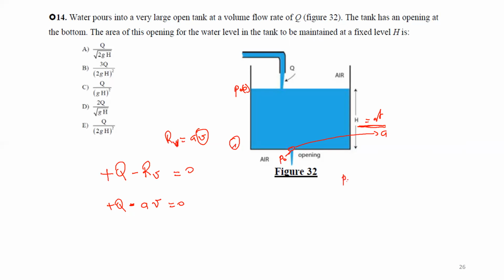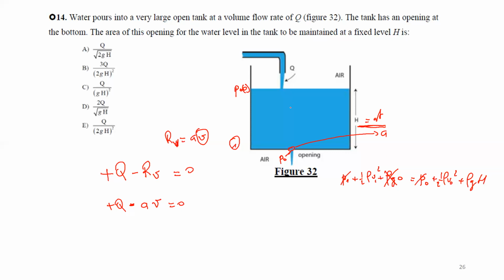So you will have P1 plus half rho V1 squared plus rho g times 0 is equal to P0 plus half rho V0 squared plus rho g capital H. Of course, P1 is equal to P0, both of them are atmospheric pressure. Now this term is 0, of course.